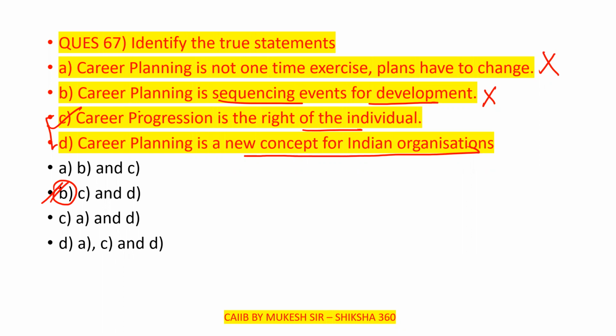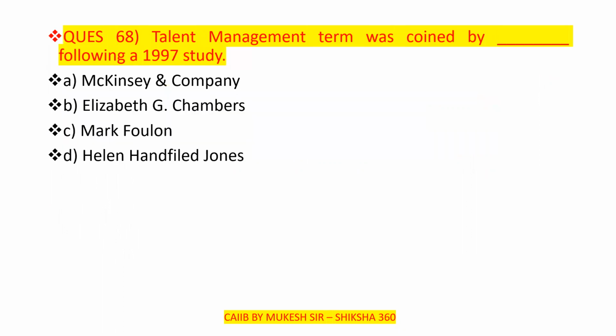Now move to the next question, question number 68. Very easy question. The term talent management was coined by dash, following a 1997 study. Who coined the term talent management?